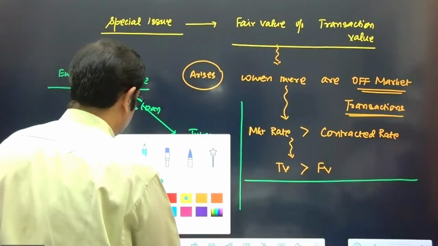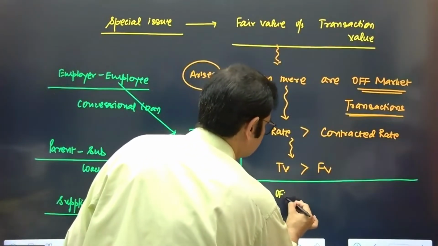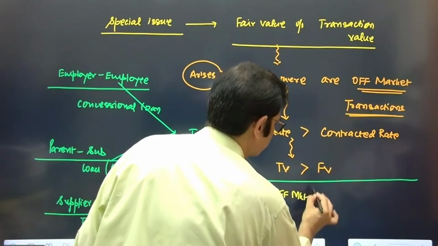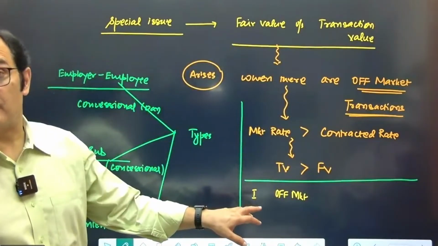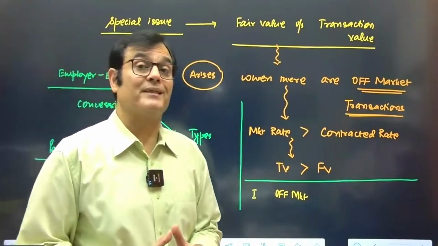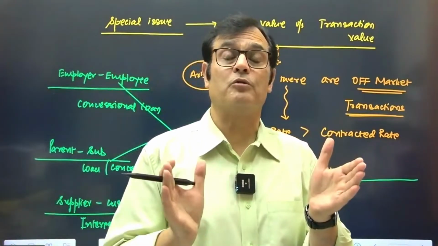If I were to summarize this input in terms of a simple three-step model, in step one, see that it is an off-market transaction or not. How would you identify that it's an off-market transaction? When you compare the contracted and the market rate, the market rate is more as compared to the contracted rate.